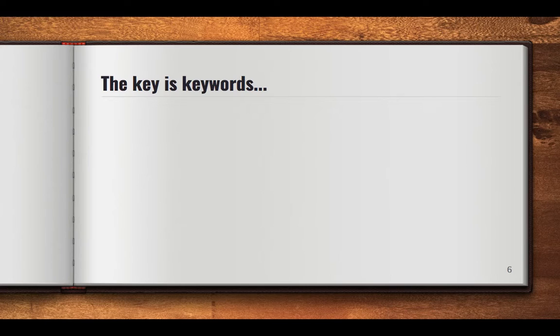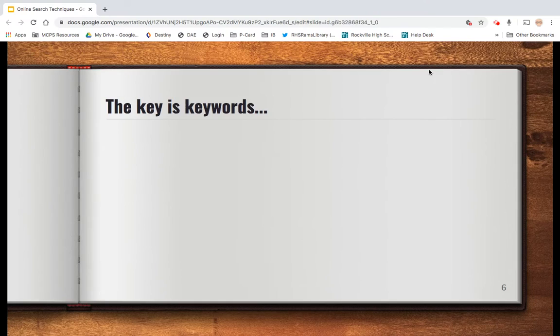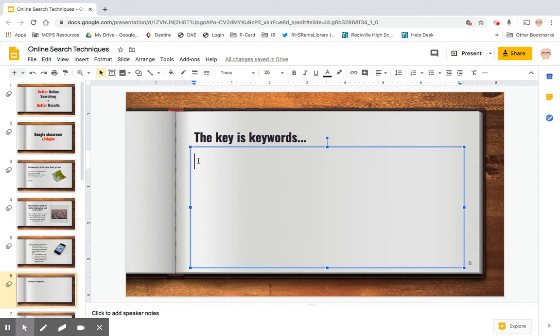So the key is keywords. Okay, so we're going to type up a few examples, and then we're going to try each one on a database. So our first one is cell phones in schools. And then, because you're in high school, let's do cell phones in high schools.